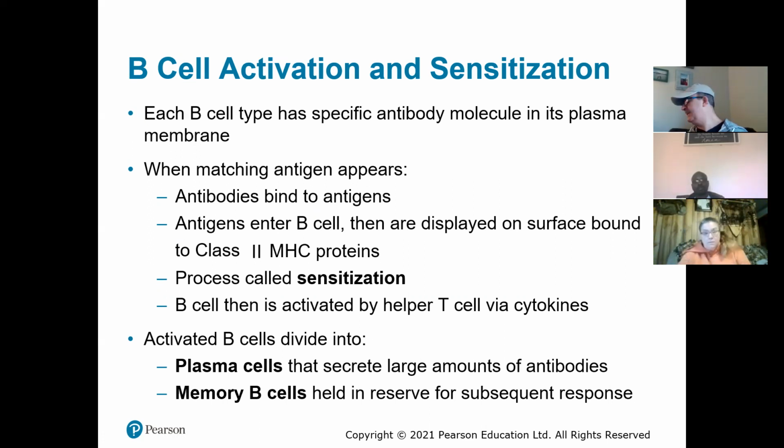Now, B cells work in a similar manner. With B cells, you produce millions of different B cells. Each has a different receptor, and that receptor is very specific to an antigen. Just like T cells, they stay inactive until that receptor binds to an antigen.